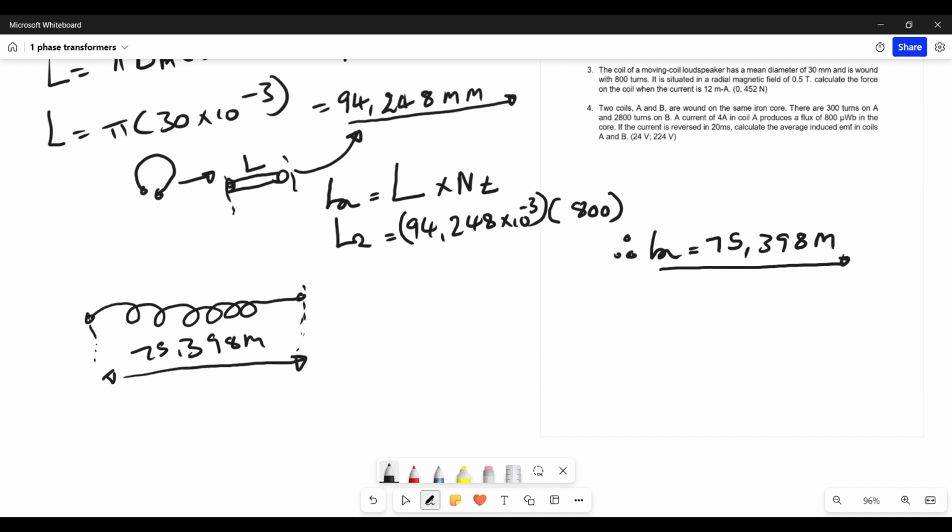This is the length of our coil. So F is equal to B I L. So now we calculate the force that they want.